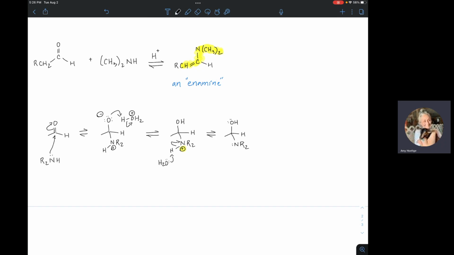We can protonate the oxygen, create our good leaving group.